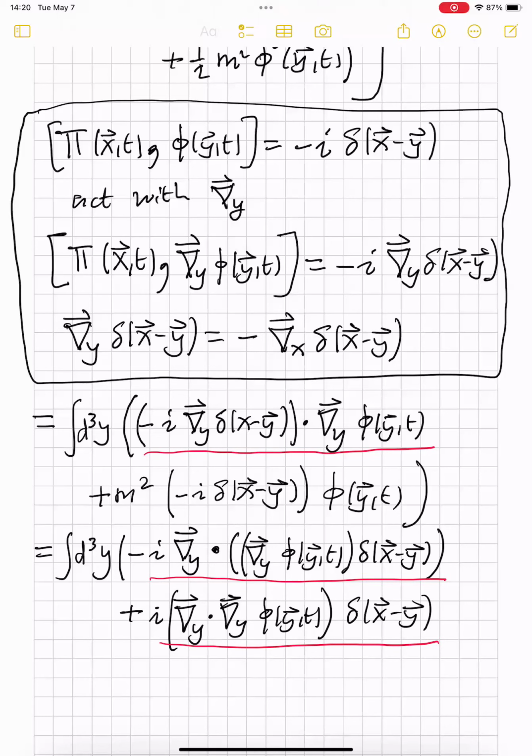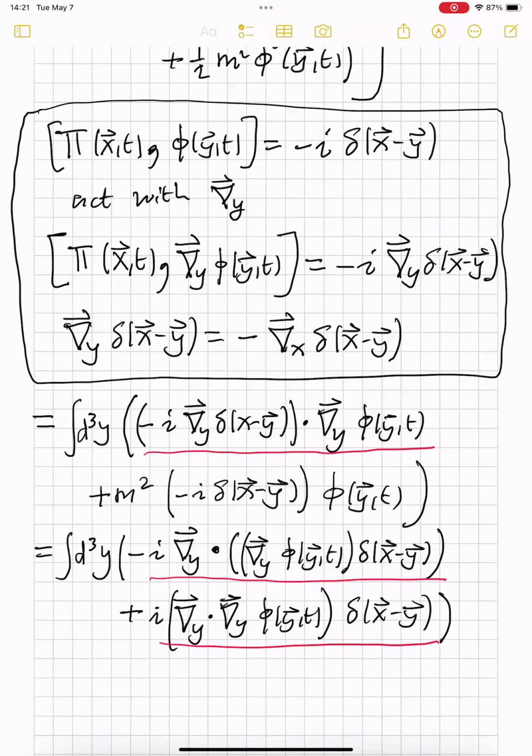Or it can act on the gradient of phi. And if it acts on the gradient of phi, it gives you something new that didn't appear before. What does it give you? It will give you minus i, the Laplacian on phi, times the delta function. But that new term that appears by acting on the gradient of phi exactly cancels against the second term that I've added. Okay, so make sure for yourself that you can see that the red term on the previous line is the sum of the two red terms on the line that I've written here.